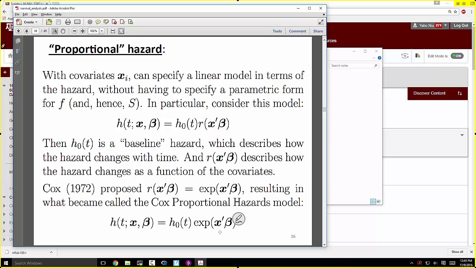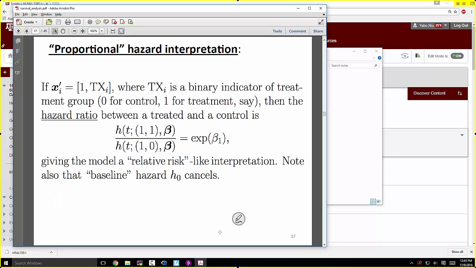So something that depends on the covariates, but not on time. And remember that the coefficients of the proportional hazards model have these interpretations. A beta coefficient is a log hazard ratio. So e to the beta coefficient is a hazard ratio.